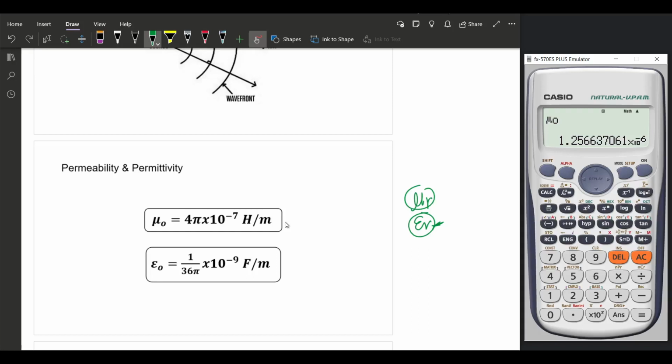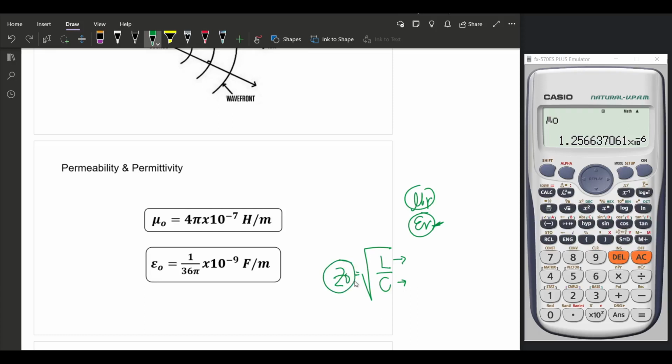So recall, doon sa transmission line, we have this formula for ZO. So remember this formula dun sa transmission line? We have this formula. So the inductance per meter or per length and the capacitance per meter or per length. So when it comes sa space or dun sa free space or sa Earth atmosphere, so meron din kasing ZO, yung atmosphere.